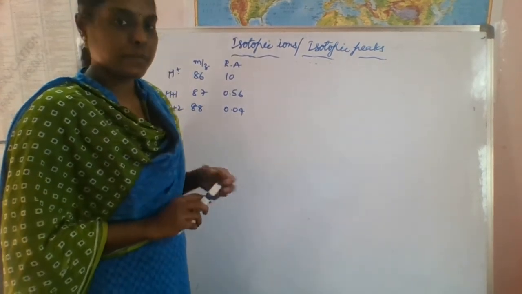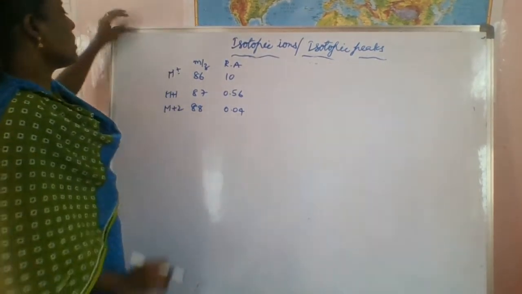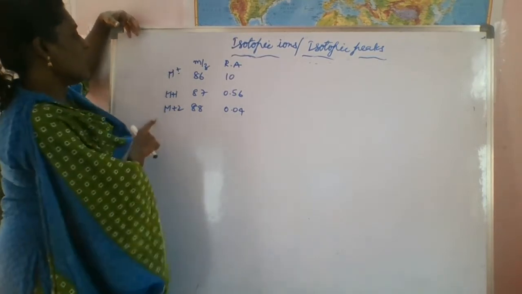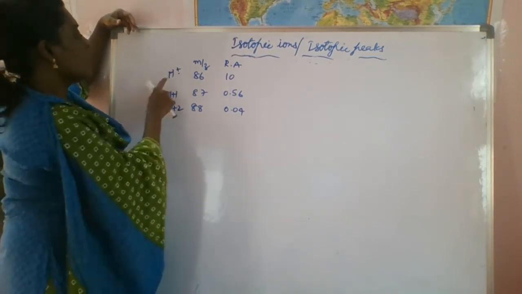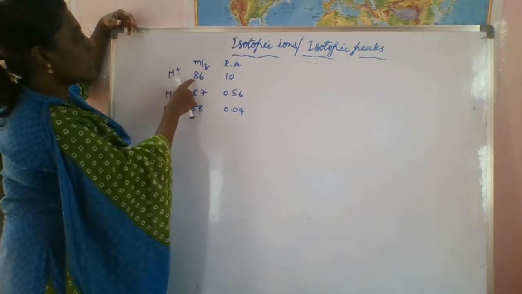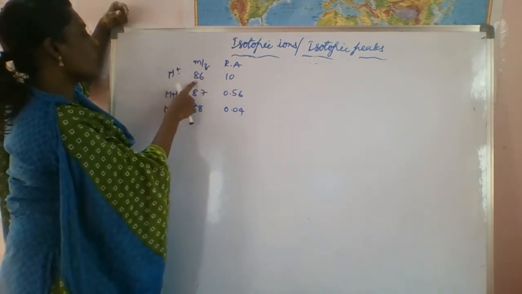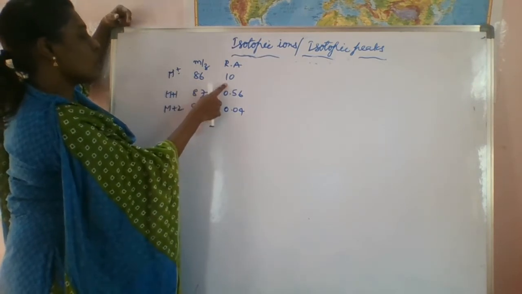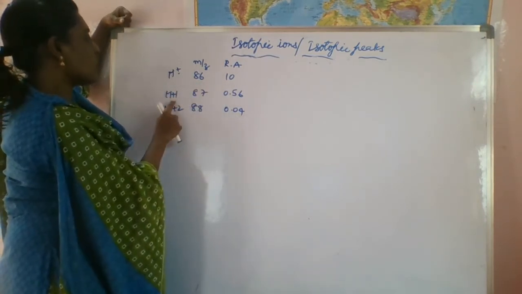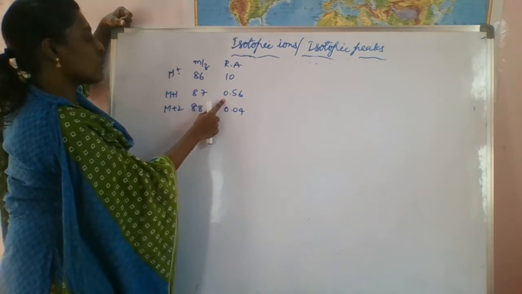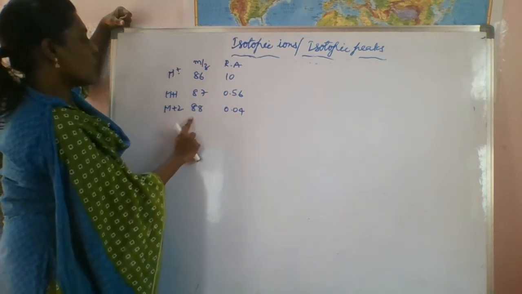Okay, so here is the data: the molecular ion m/z value and relative abundance. What is the molecular ion peak here? 86. What is its abundance? 10. What is the M plus 1 peak? 87. What is its abundance? 0.56. M plus 2 is 88.